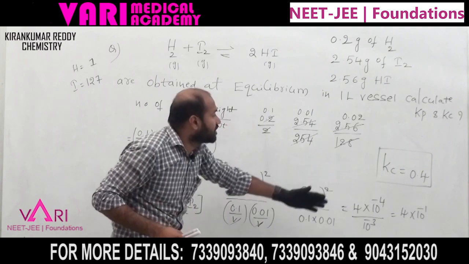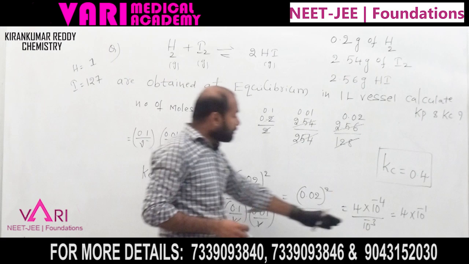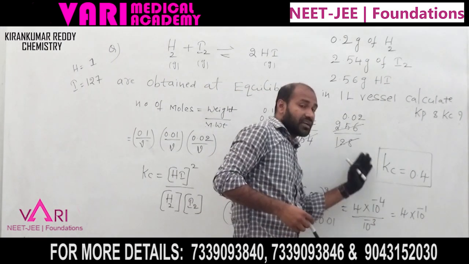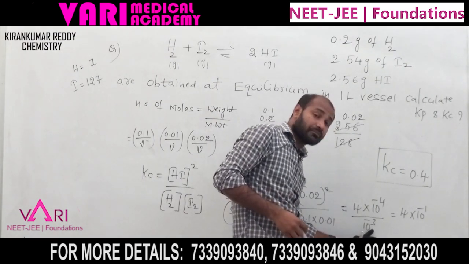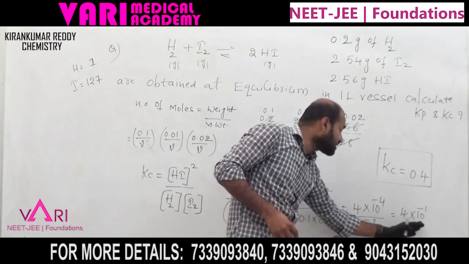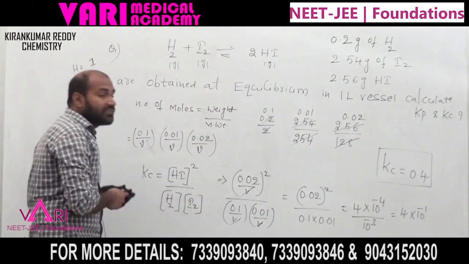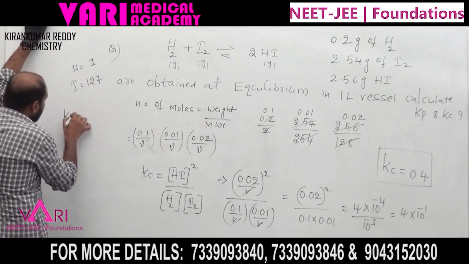After calculation you will get Kc equal to 0.4. Now 10 to the power minus 3 goes to the numerator side, upside it is 10 to the power 3. 10 to the power minus 4 plus 10 to the power 3 is 10 to the power minus 1. We have to write 0.4. Now what is the Kc value we got? 0.4.